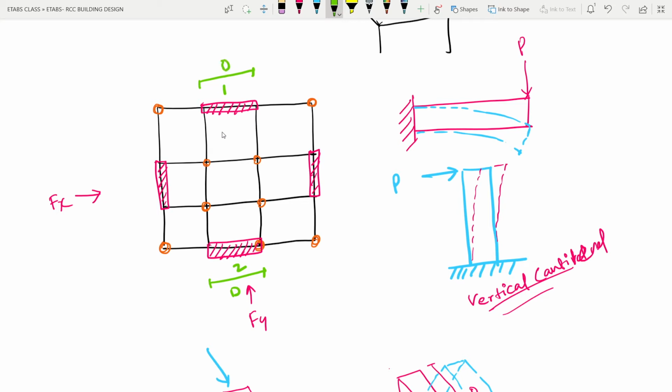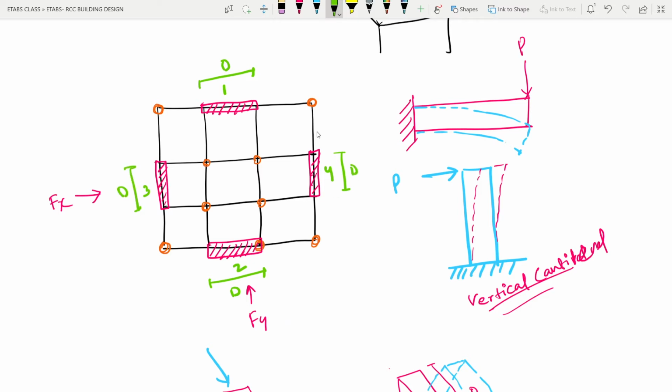It will be having higher resistance for this in plane bending. But if I talk about these 3 and 4, these are weak to resist the Fx force. Now again, if I talk about the Fy, these 3 and 4 are strong to resist the Fy force, because the depth is along the y direction.